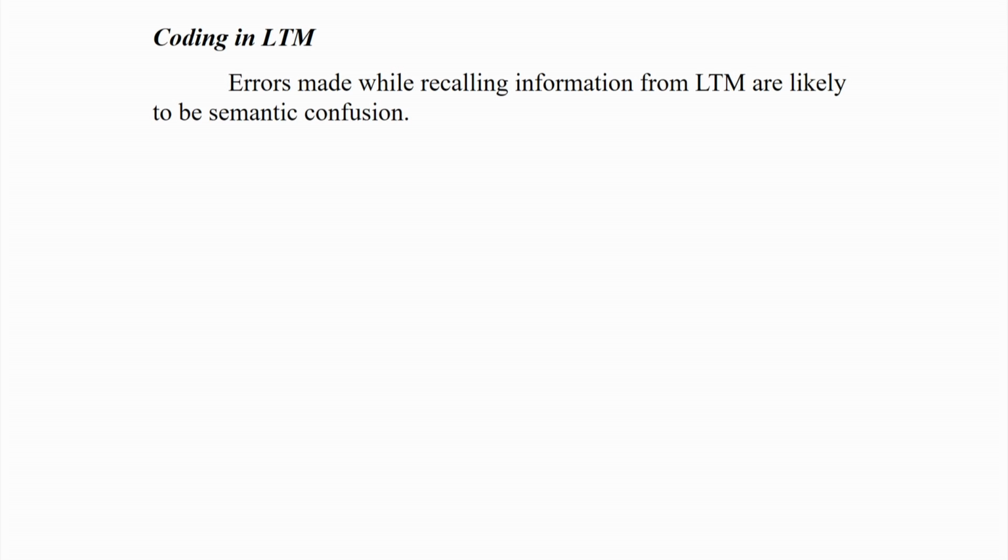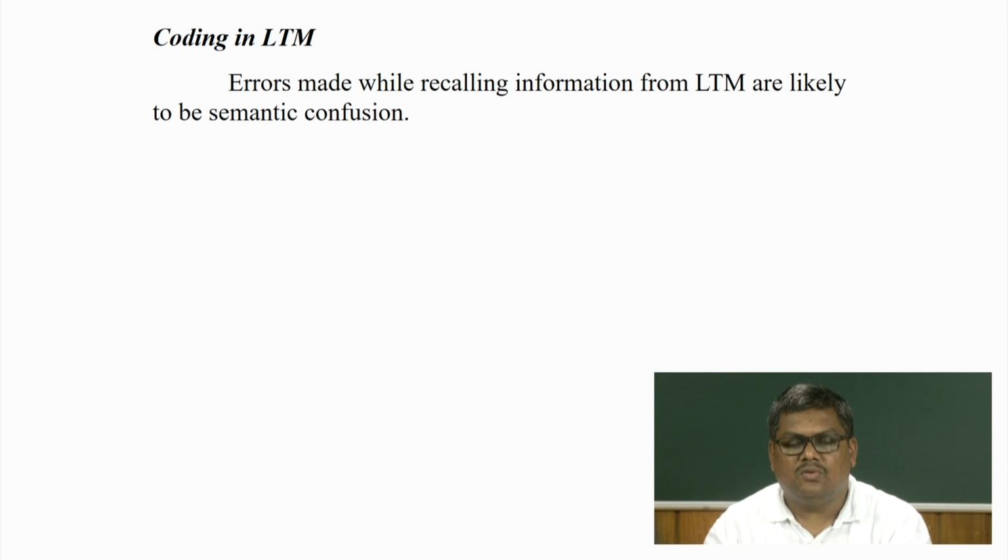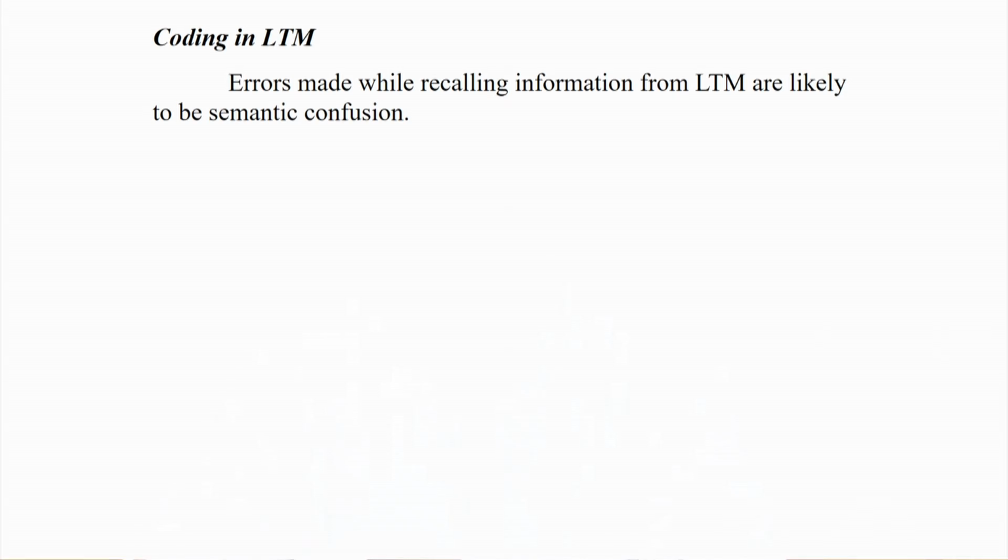Another question is, we saw that the coding of information in short term memory was acoustic in nature, and there was a very good experiment done by Baddeley. Baddeley showed that if two different kinds of information were fed into short term memory, and both were acoustic in nature, in the sense that either they had the same phonology, which means the same speech sound, or they did not have the same speech sound, the confusion was more for those words which had the same speech sound.